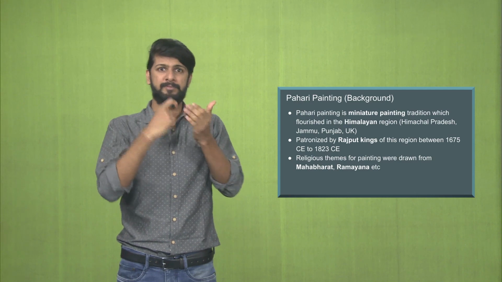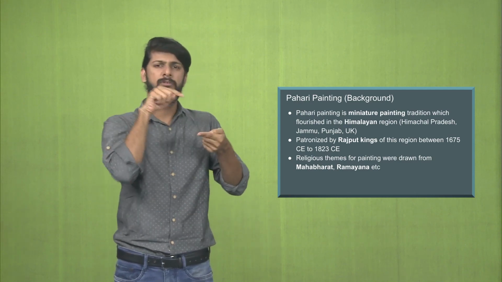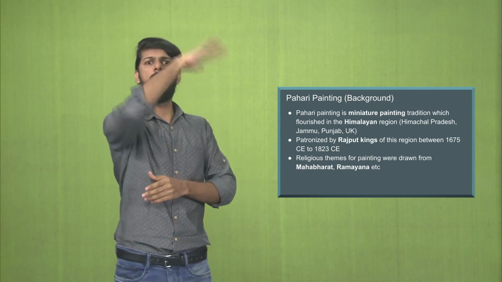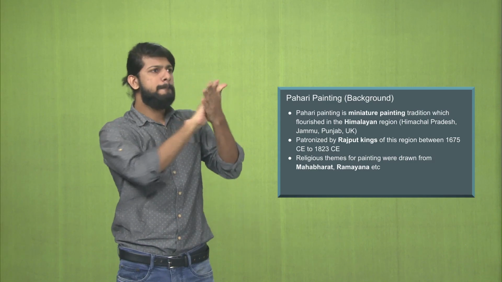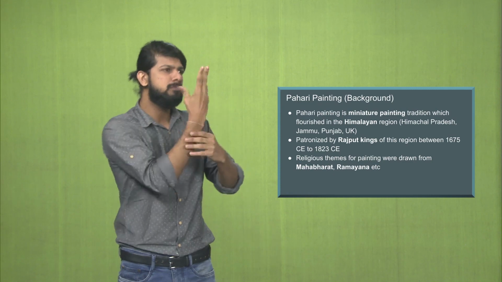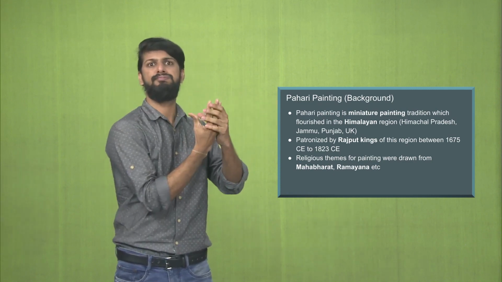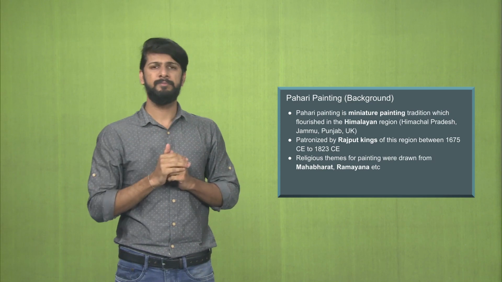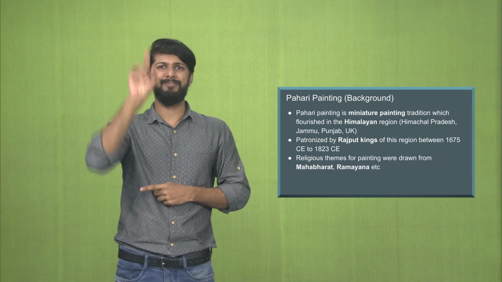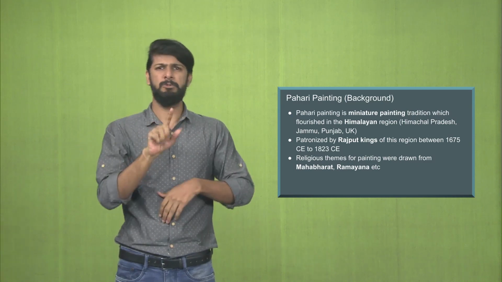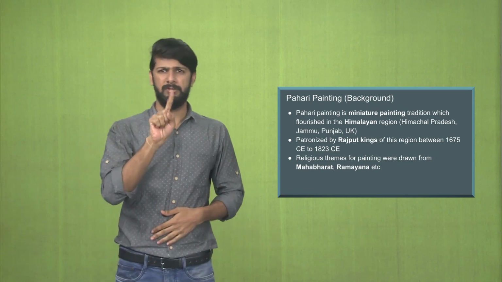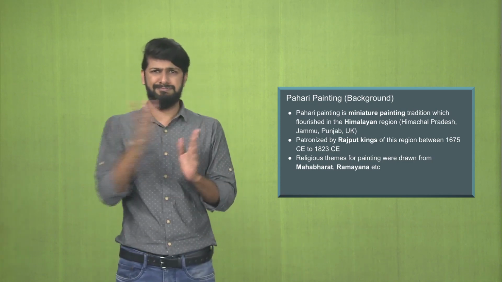These paintings flourished in the Himalayan region, in the states of Himachal Pradesh, Jammu, Punjab, and Uttarakhand, and were patronized by the Rajput kings of this region between 1675 CE to 1823 CE.